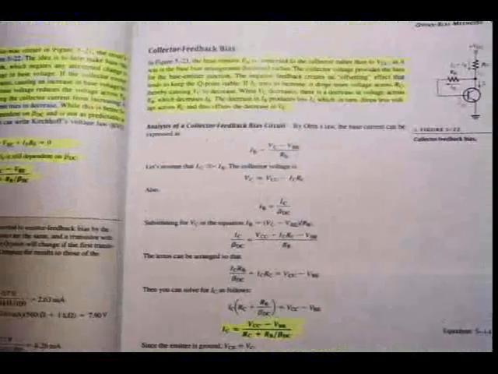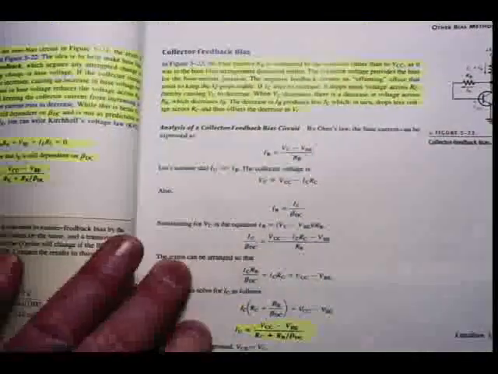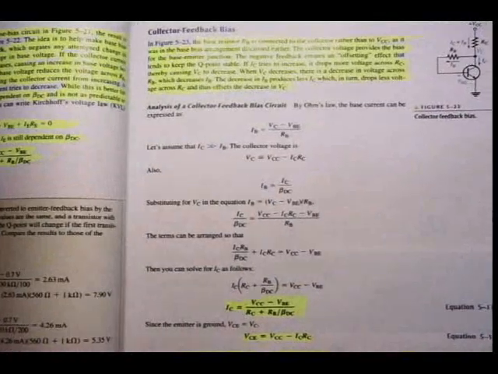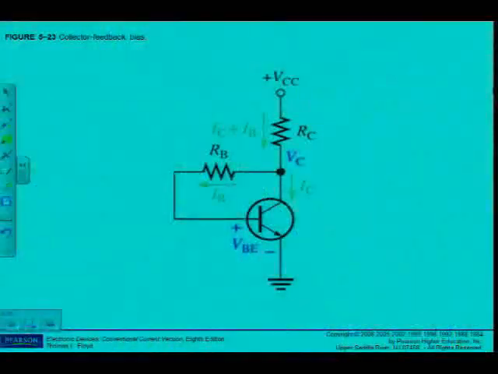Alright, the next one, collector feedback biasing in figure 5.23. If you go and have a look at figure 5.23. Alright, now this circuit again looks similar to the base biasing circuit because there's no resistor on the emitter, as we can see.